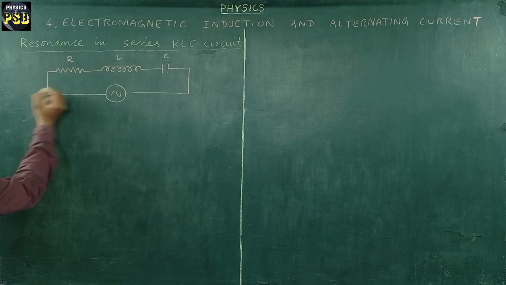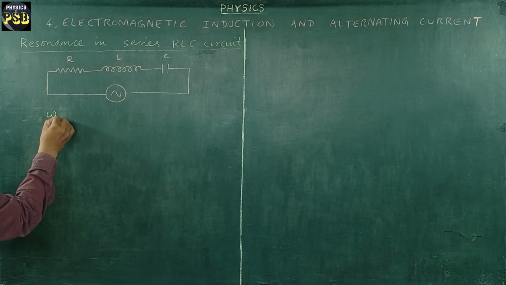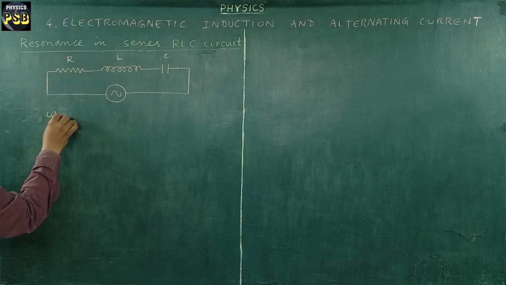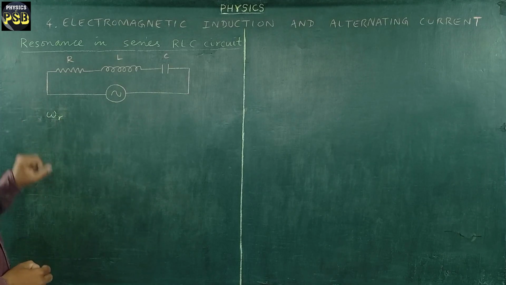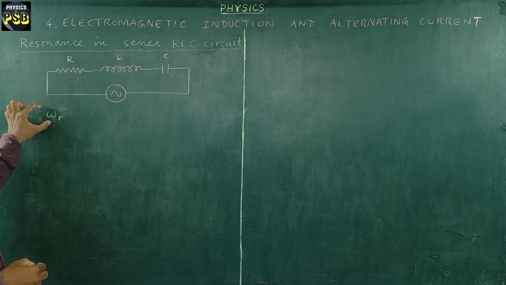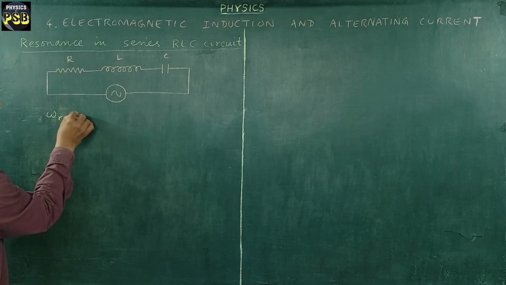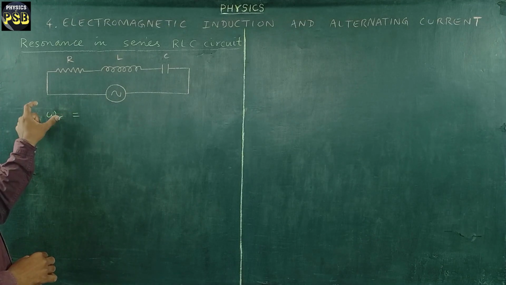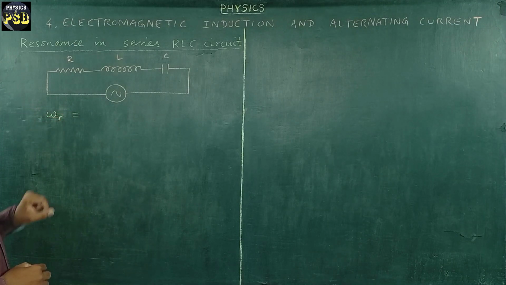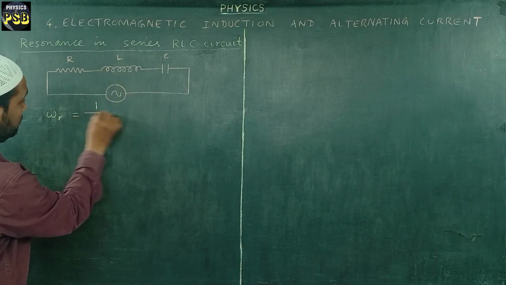Okay, so let me write this one here. The angular frequency is represented by omega R. Here R represents resonance. So we can call this one angular resonance frequency, and when it becomes equal to the natural frequency of RLC circuit.